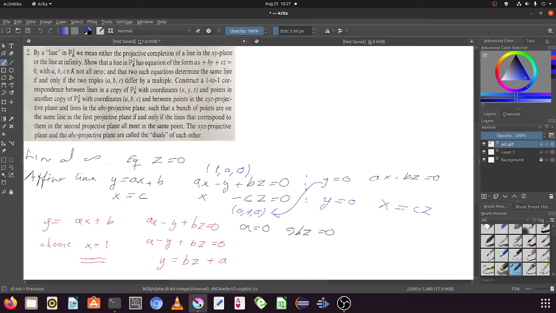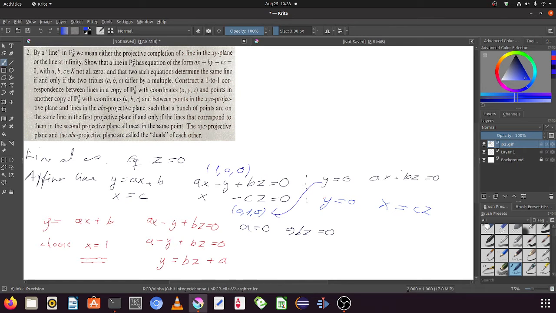So that was the first one, the line at infinity and the completion of an affine line. And the completion is the topological completion, and it's done by choosing another affine part of the projective space. That was the first.